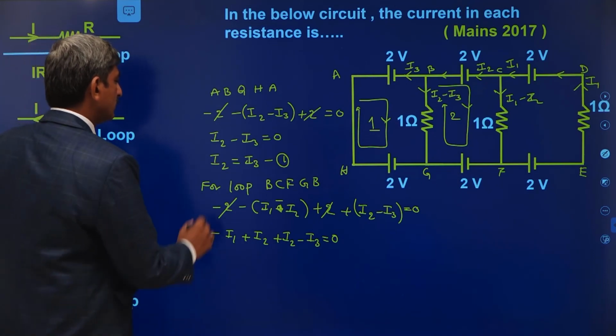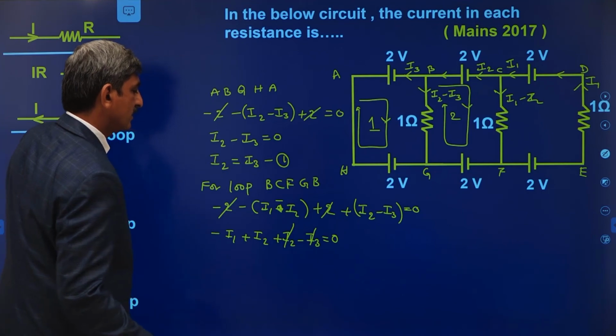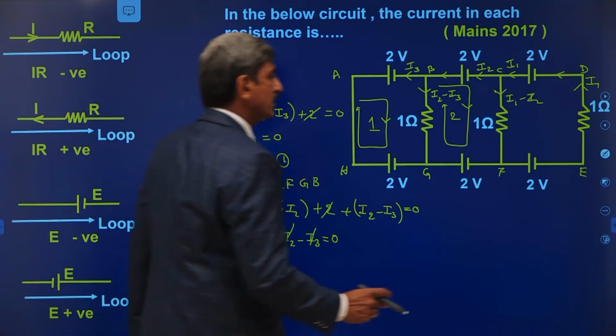Already we have I2 is equal to I3, so this I2, I3 cancels. No, don't cancel that.